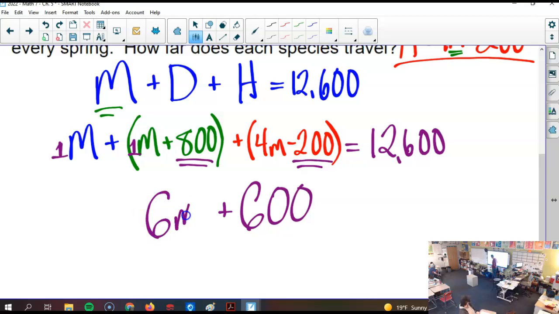We get 6M. Any questions on how I get to here? Any questions on how we get to here? Trying to move on quickly robs people of time to ask questions.